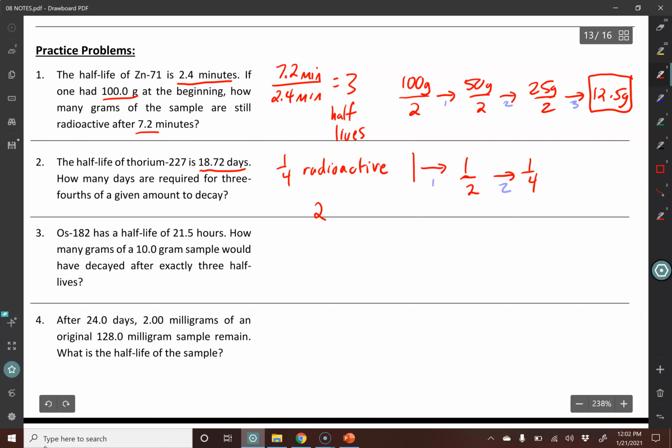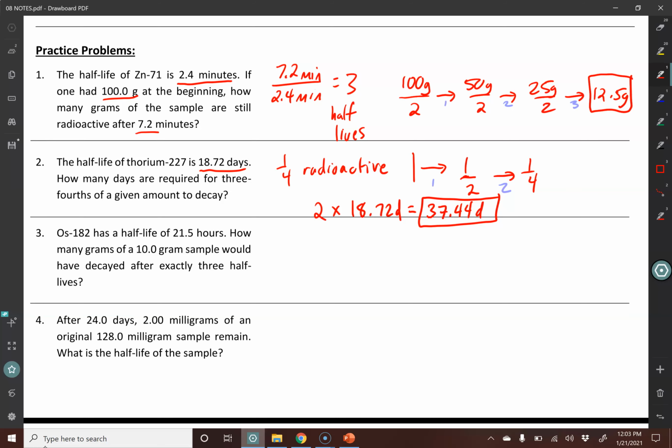So I can take 2 times my 18.27 days, and I can calculate how many days it would take for 3/4 to decay of my sample. Again, I'm not going to stress with sig figs here. That's it.